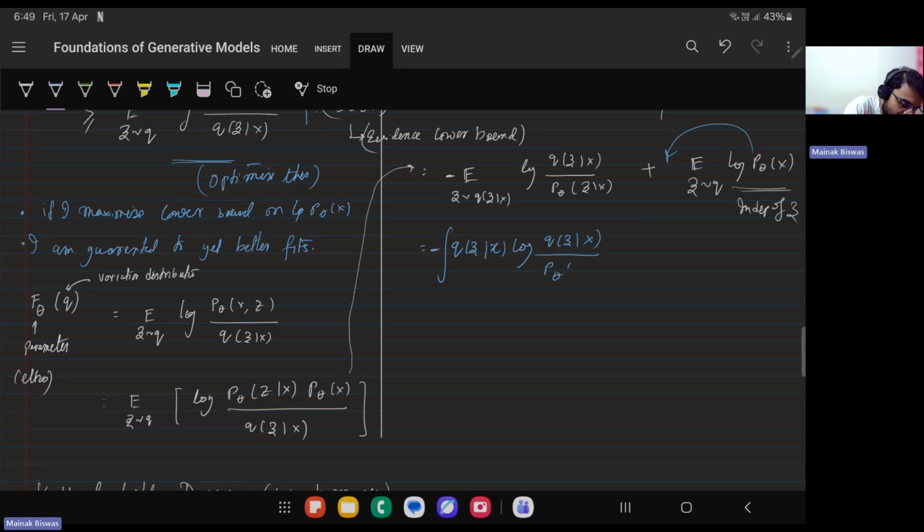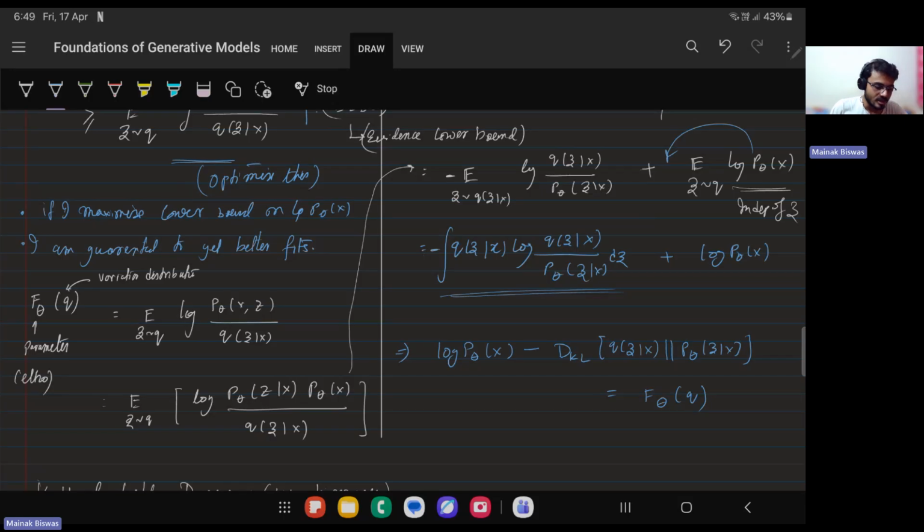If you recall my definition of the KL divergence, you can clearly see this first term is just the KL divergence. So I can write this as log of p theta of x minus the KL divergence between q of z given x and p theta of z given x, which is equal to F theta of q, isn't it?